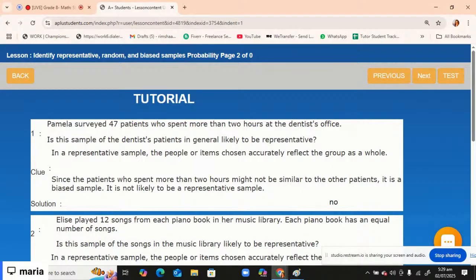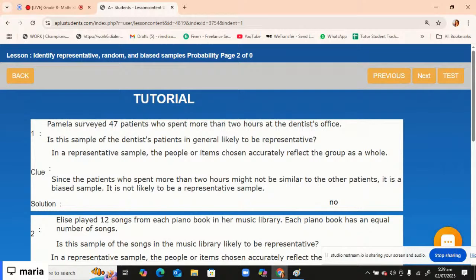Pamela surveyed 47 patients who spent more than 2 hours at the dentist office. Is this sample of dentist patients likely to be representative?